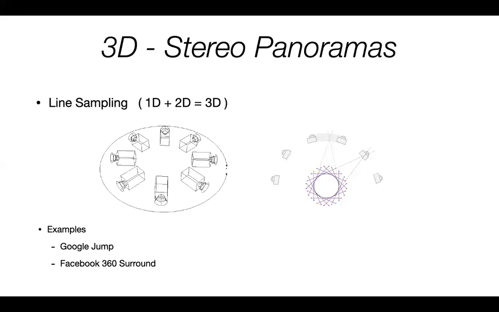So basically, we do line sampling. One way to create a 3D stereo panorama is to put cameras around a circle. And then, because you have many cameras, you can reconstruct a stereo 360-degree image. You could also put cameras along a line and then get a stereo image, but not 360 degrees.